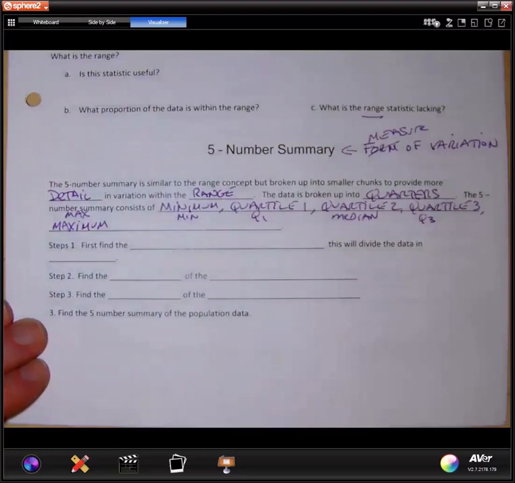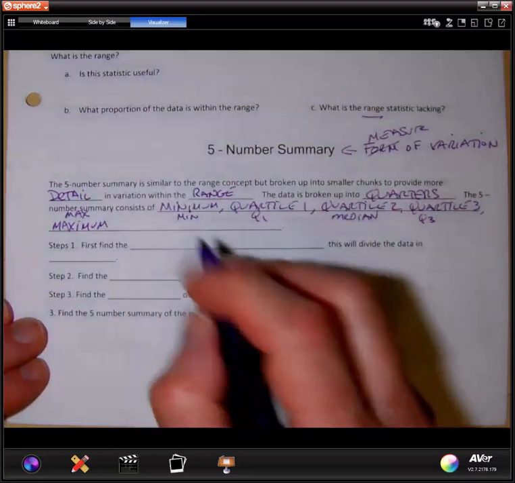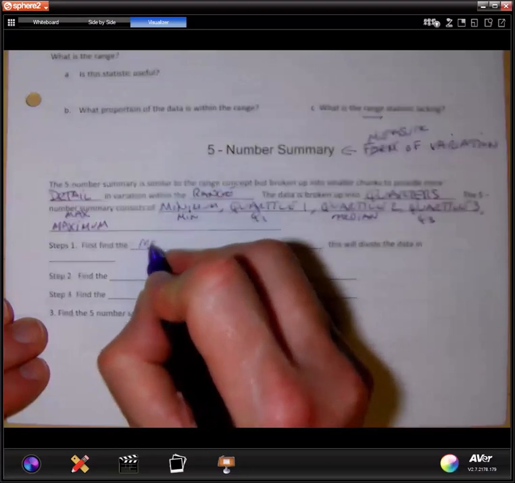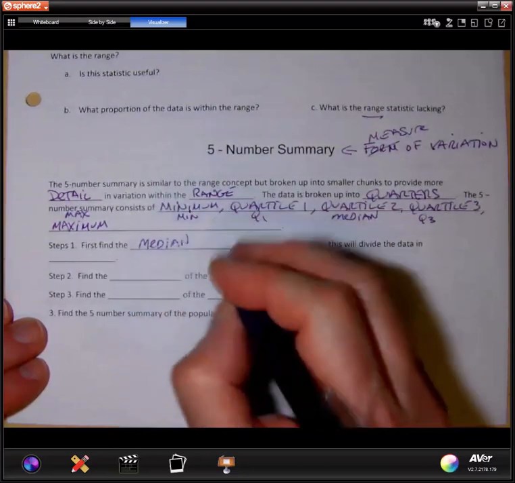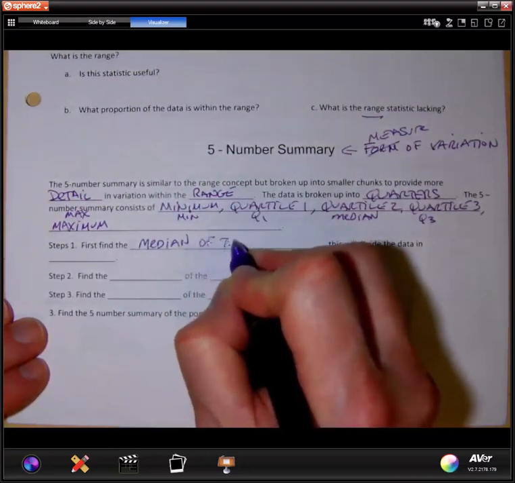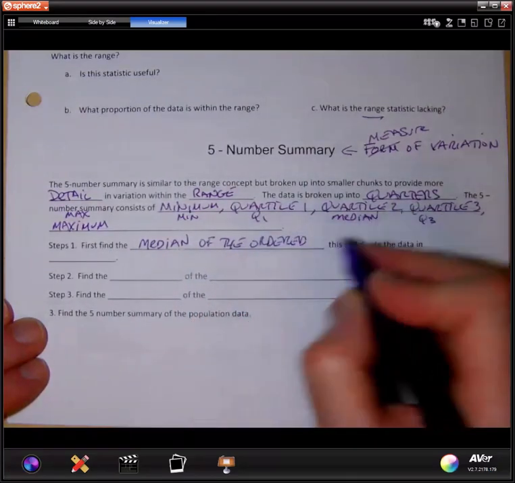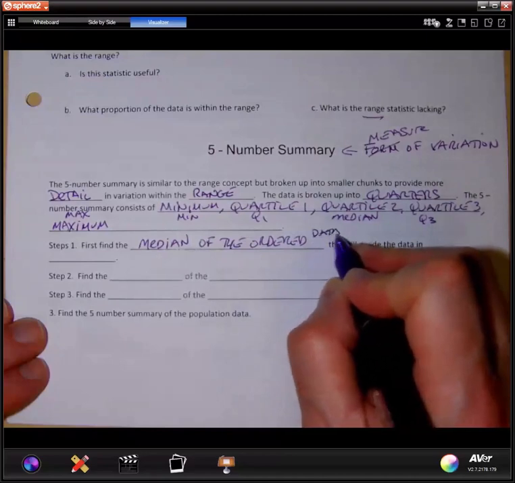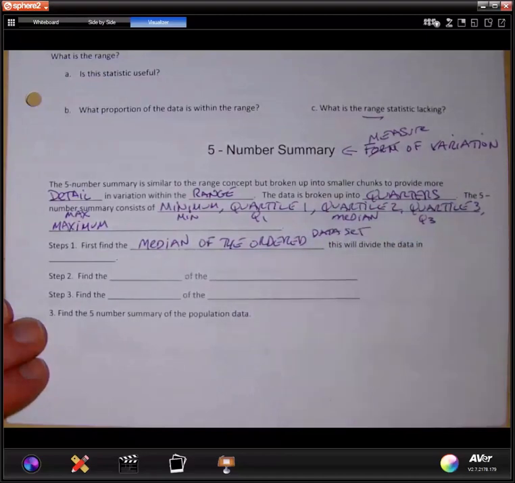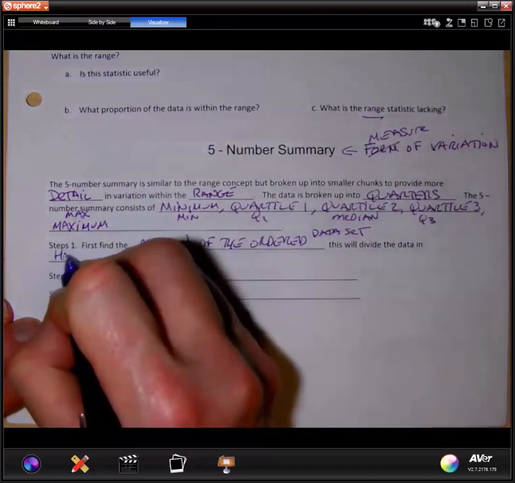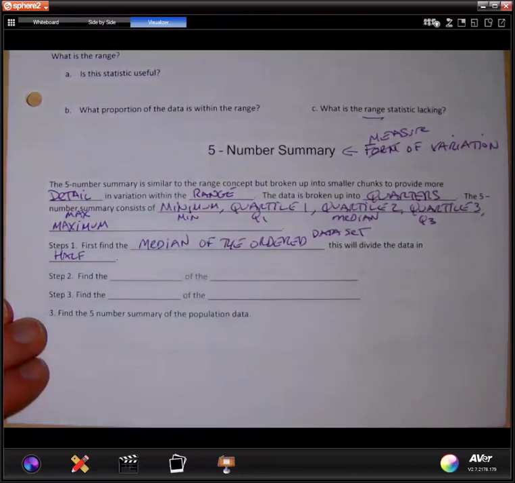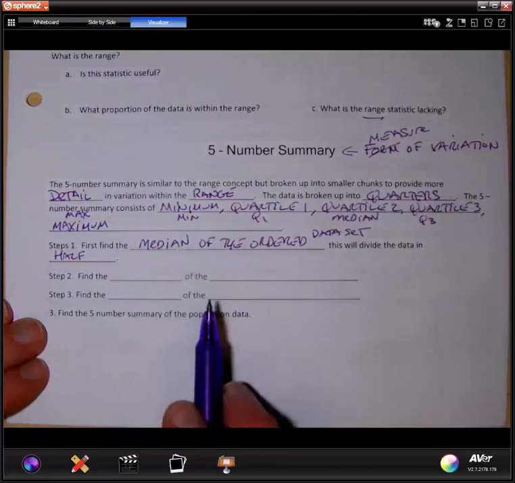All right, so how do we do this? To find the 5 numbers, let me first find the median of the ordered data set. This will divide the data in half. Okay, so now we found the median, we divided the data in half. What do we do next?